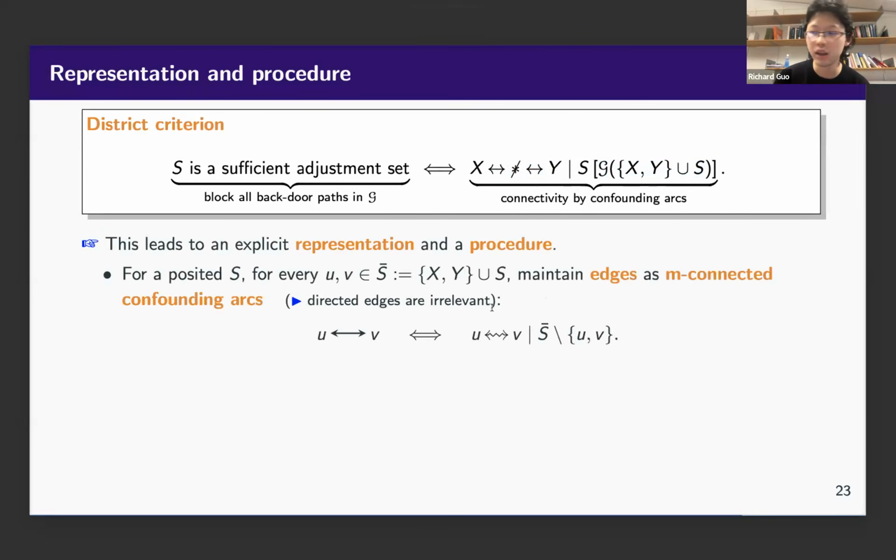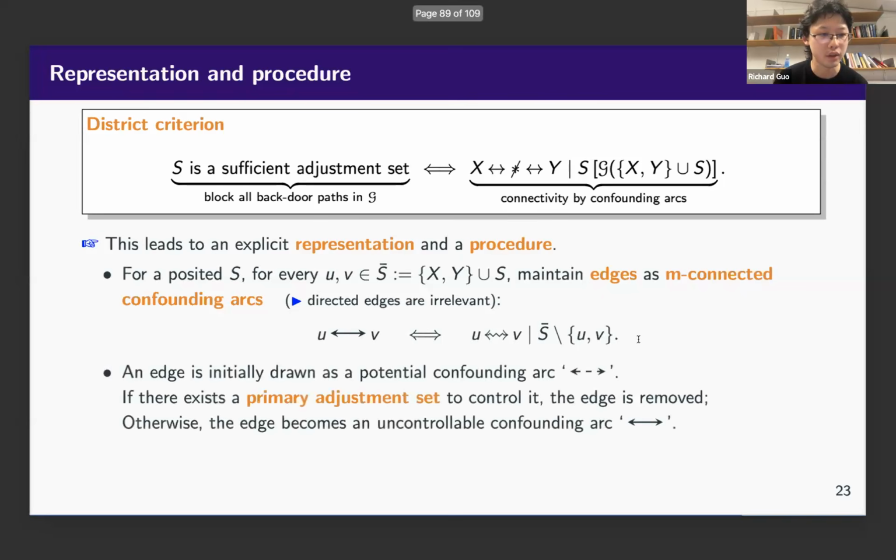So what do we need to take care of? We need to track, for any pair of vertices, whether there exists an M-connected confounding arc between them, given all the other variables on the canvas. When we draw the edges, we initially draw them as potential confounding arcs.